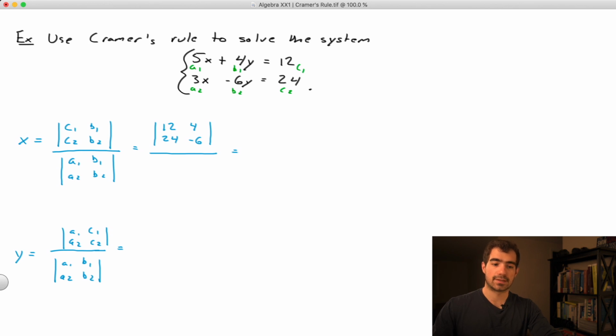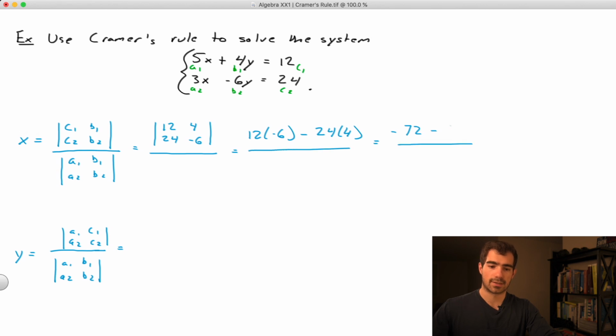If we do this determinant, we want to take the product of this diagonal, so that's going to be 12 times negative 6, minus the product of this diagonal, 24 times 4. 12 times negative 6 is going to be negative 72, minus 24 times 4, which will be minus 96, which when we subtract gives us negative 168.